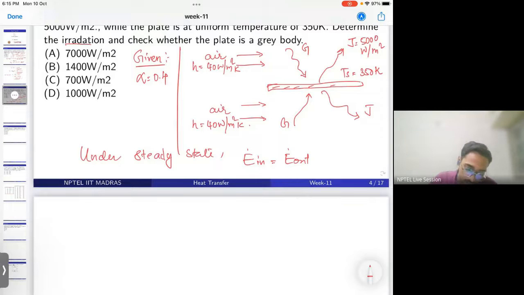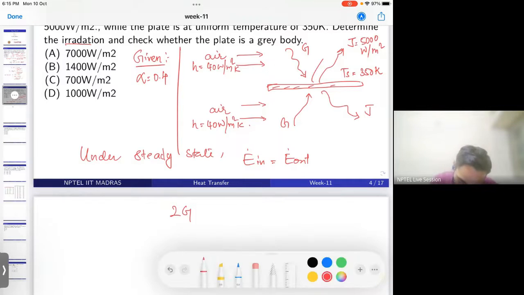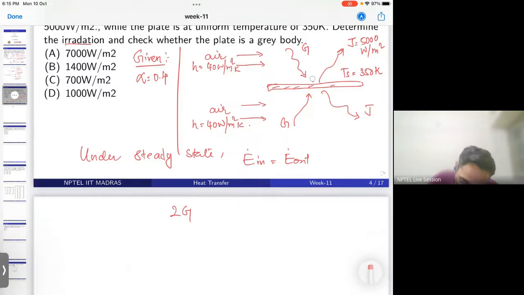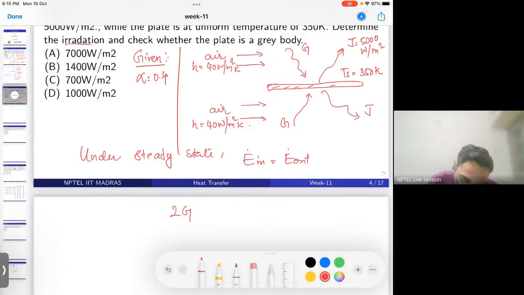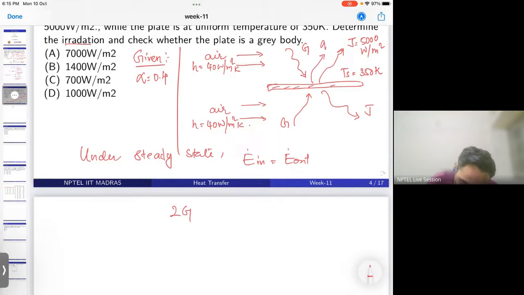Whatever energy is coming, that is 2 times G, from both surfaces. And there is another loss also, that is convection losses, because air is flowing. So normally heat will be transferred by convection also. 2 times G should be equal to whatever energy it is receiving, it should emit.